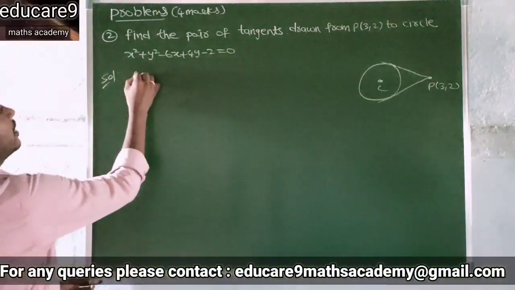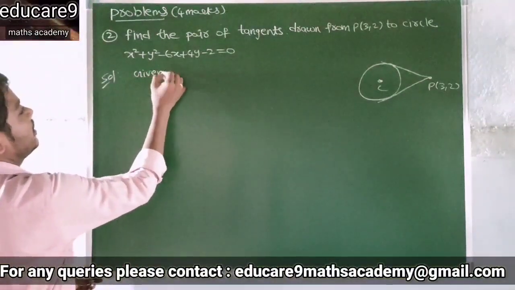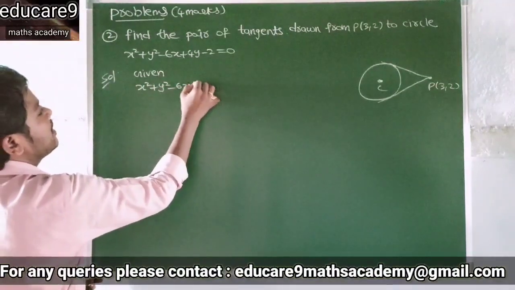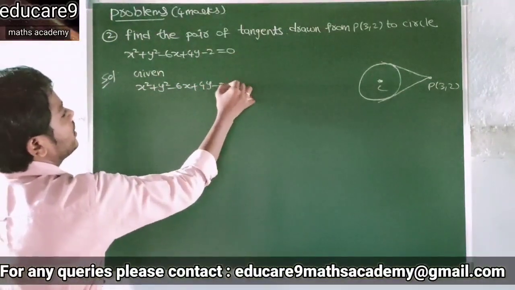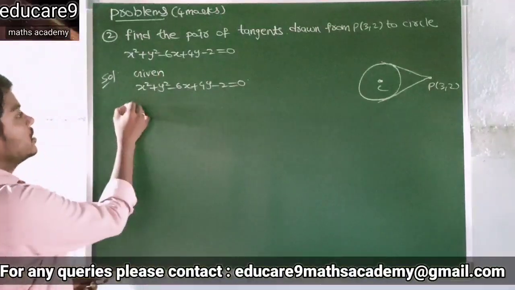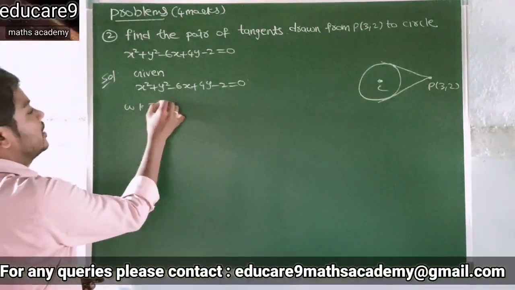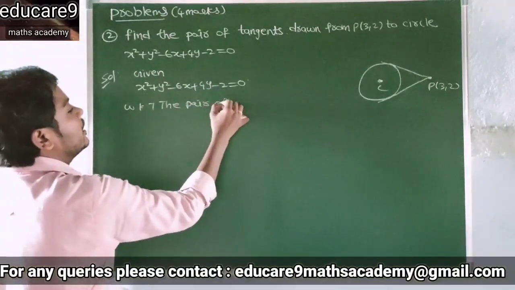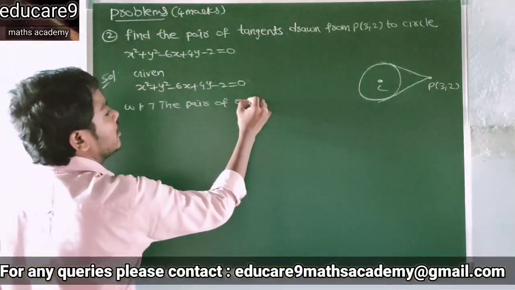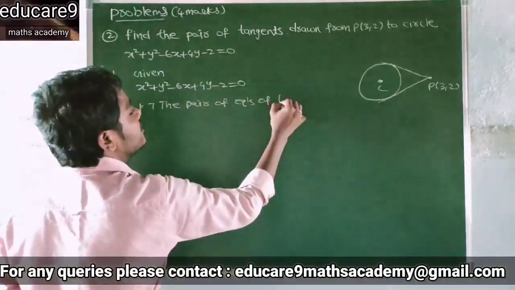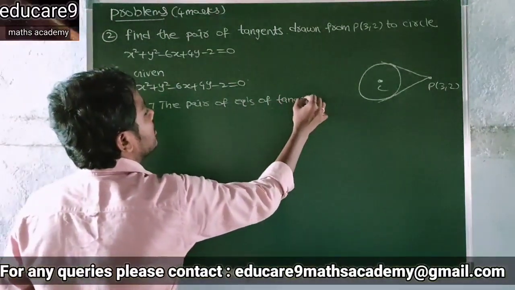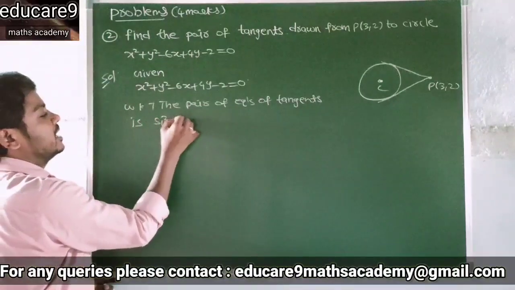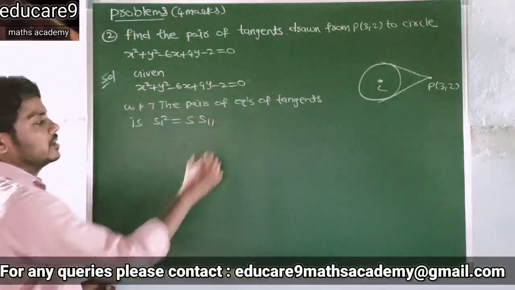So see here, given circle x square plus y square minus 6x plus 4y minus 2 equals to 0. So you know that the equation of the pair of tangents is S1 square is equal to S into S11.